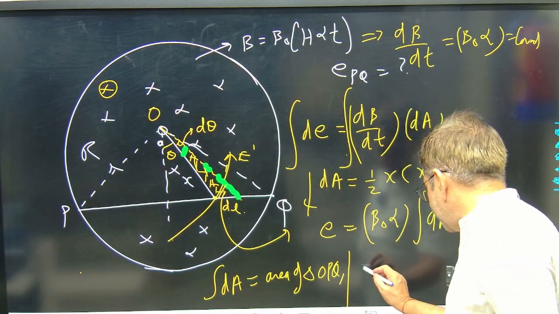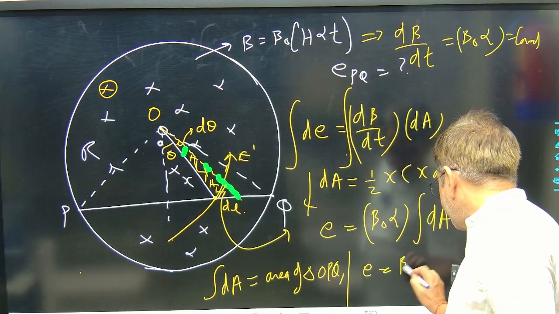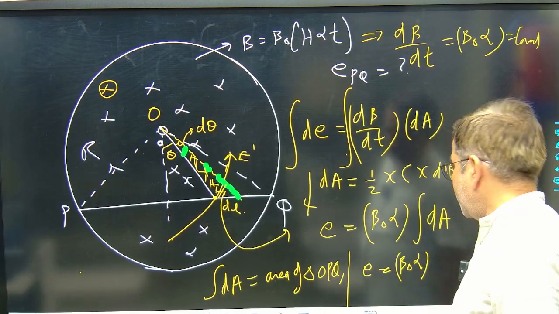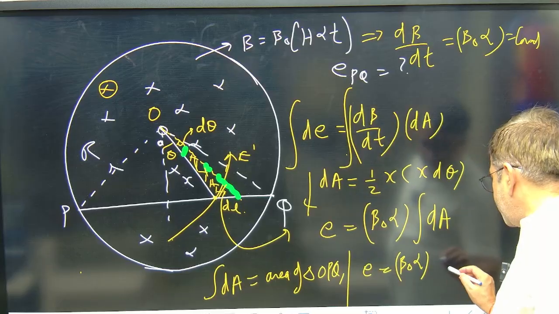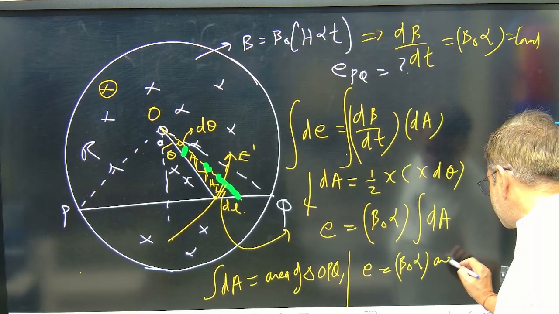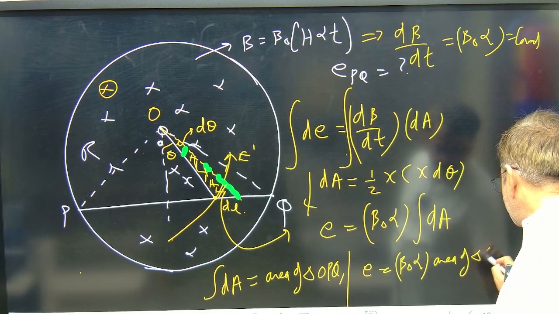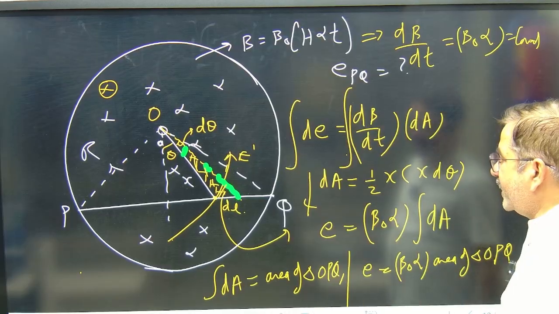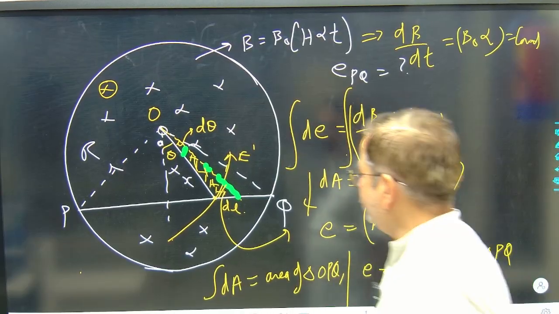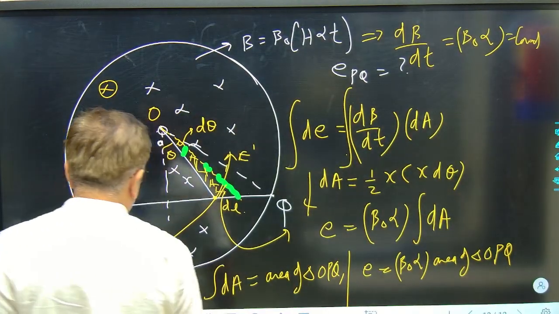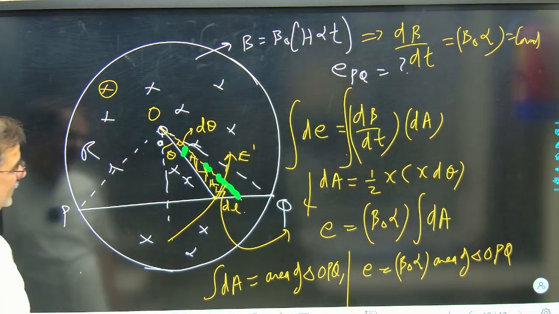Hence I will say this EMF is B naught alpha, and this area is the area of triangle OPQ. This result I can see. For the area of triangle, you can easily see that all the sides and lengths are mentioned.